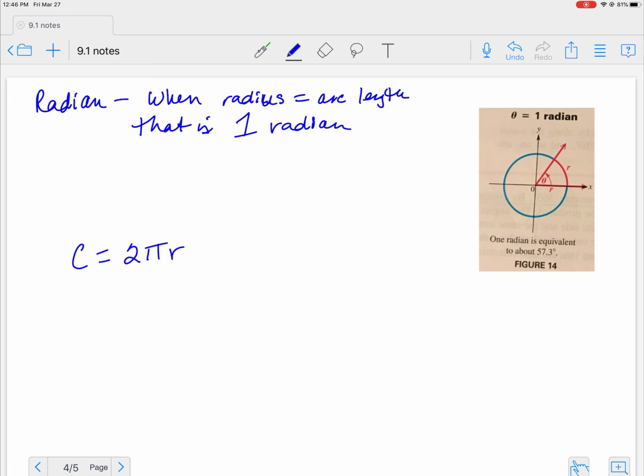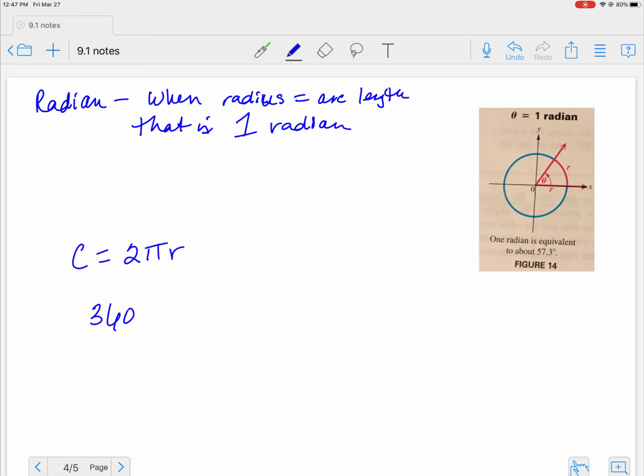Because I know I'm going all the way around the circle, the circumference of a circle is 2 pi r. So the whole 2 pi r around, with r being the radius, is equivalent.